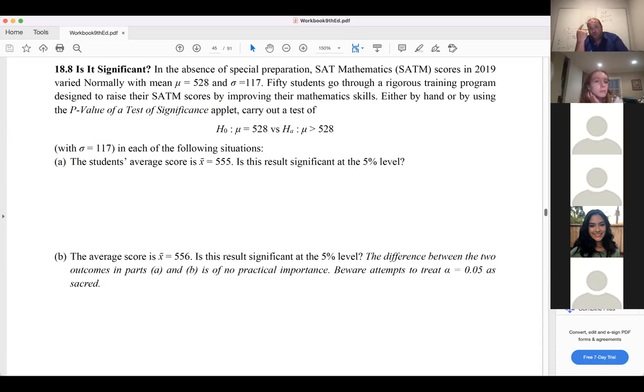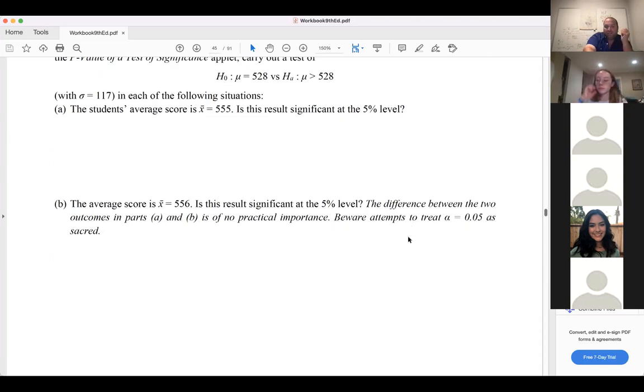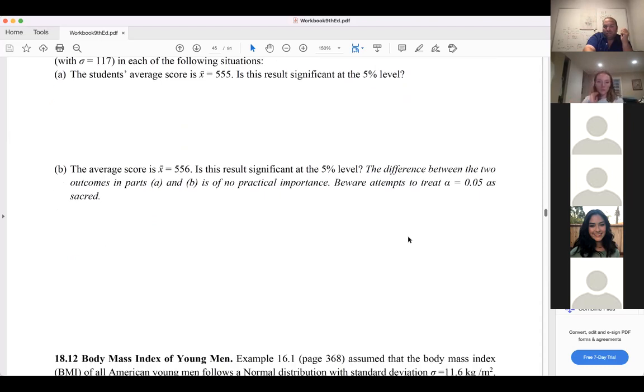Which shows you that one person, 555, 556, one person different is enough to have two completely different conclusions, right? So that's what it says here. Beware attempts to treat alpha equals 0.05 as sacred, right? It's just an arbitrary number. Does that make sense? Yes, no?